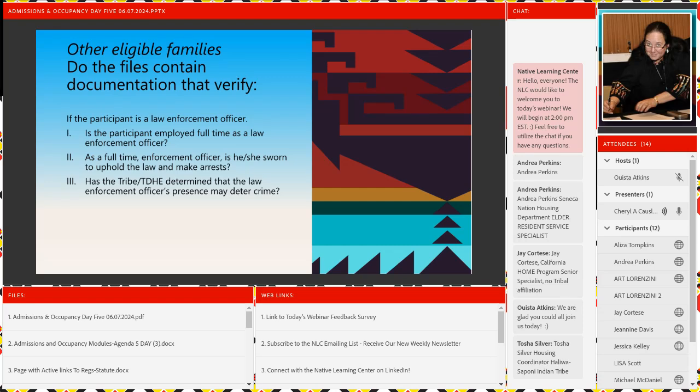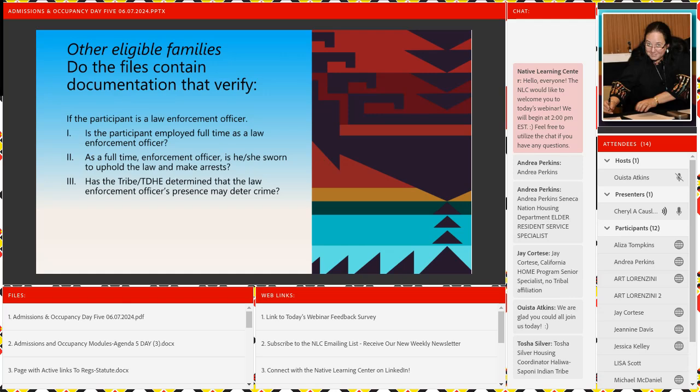So other eligible families, they're going to look to see if the participant is a law enforcement officer and you helped them under the provision for law enforcement in the NAHASDA statute. If the participant is employed full-time as a law enforcement officer, are they sworn to uphold the law and make arrests? Remember, they can't be a dog catcher. They have to have the ability to make an arrest.